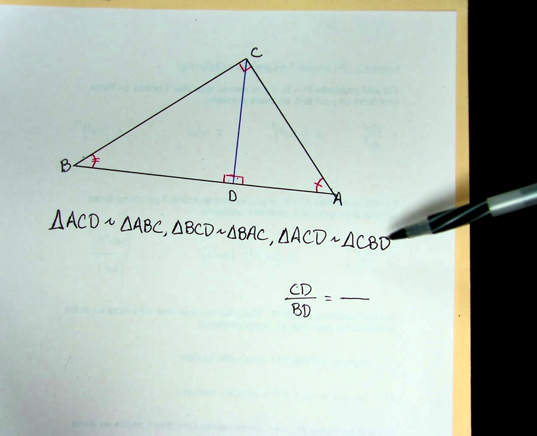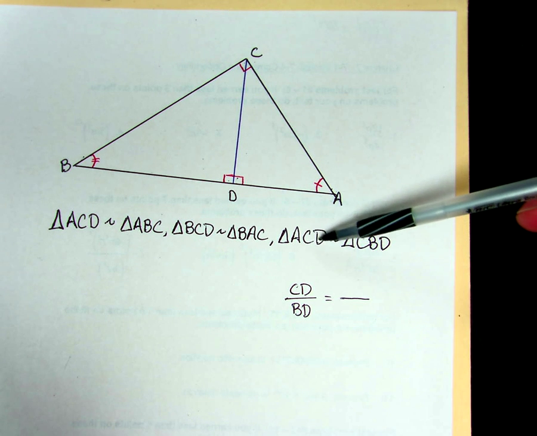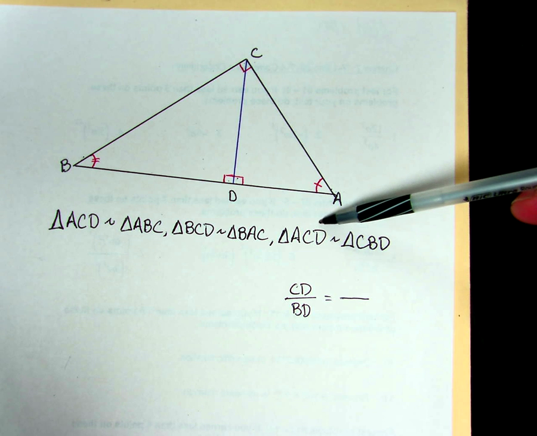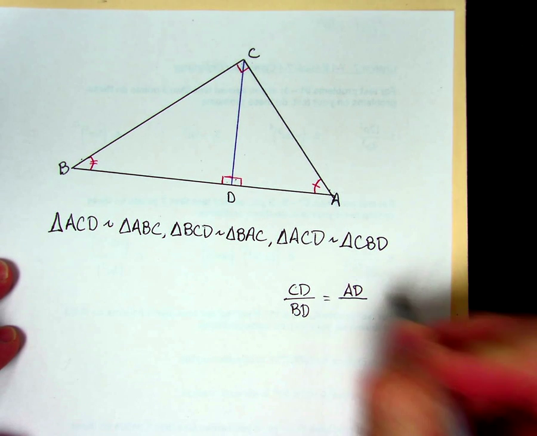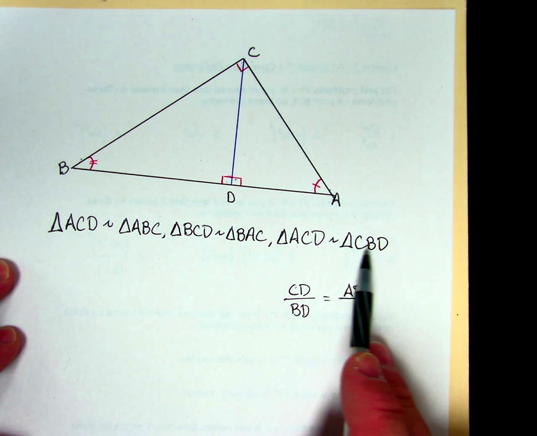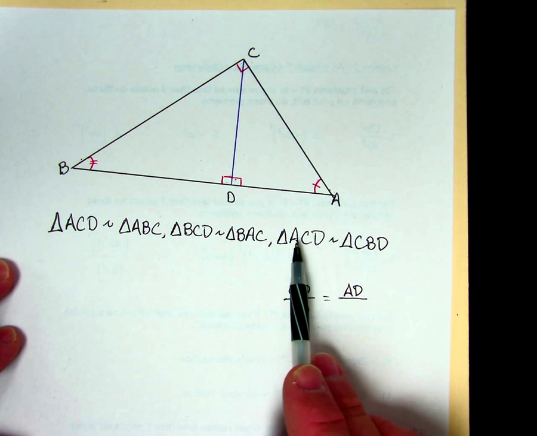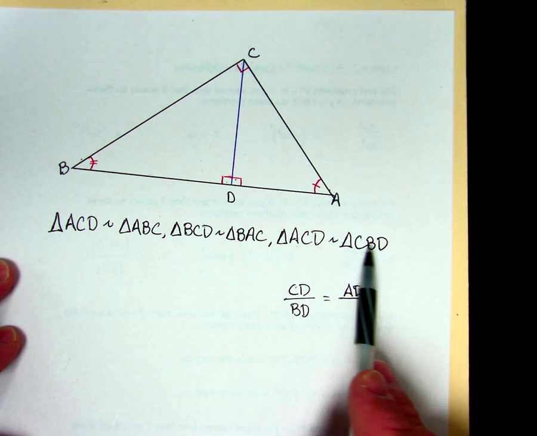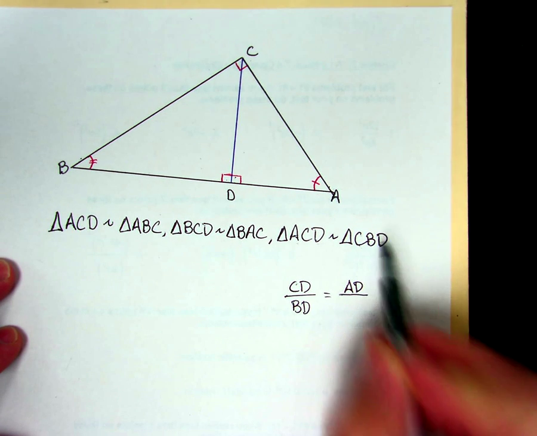Now we need another one in this. Let's say we look at segment AD. Well, AD as a distance in this triangle corresponds to BD. No, it doesn't. It corresponds to CD. Sorry about that.